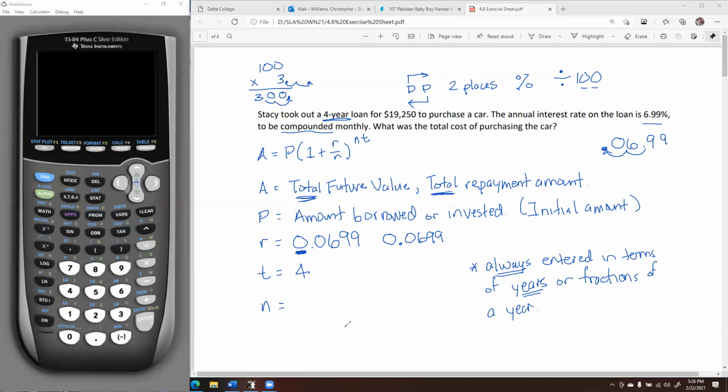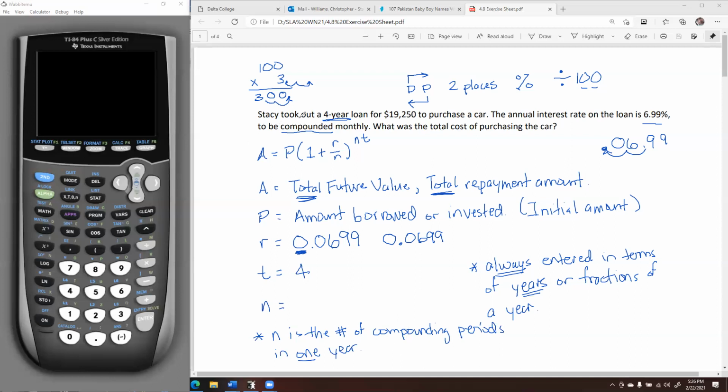So our N variable. N is the number of compounding periods in 1 year.